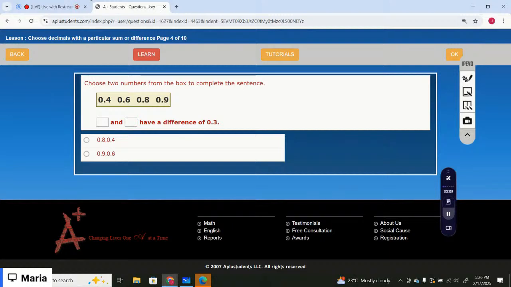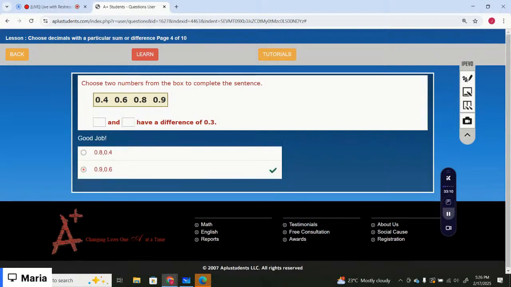The difference of 0.9 and 0.6. Option number 2 is the correct option.